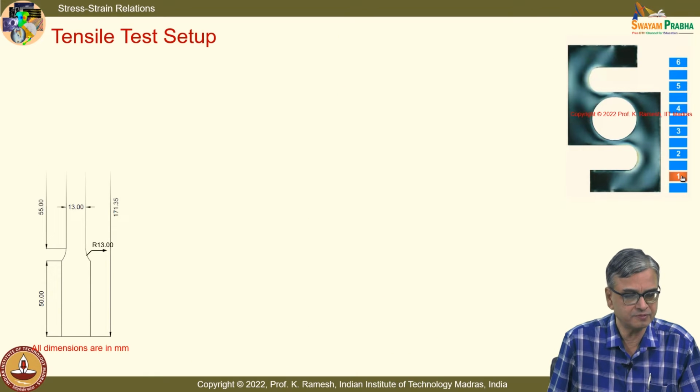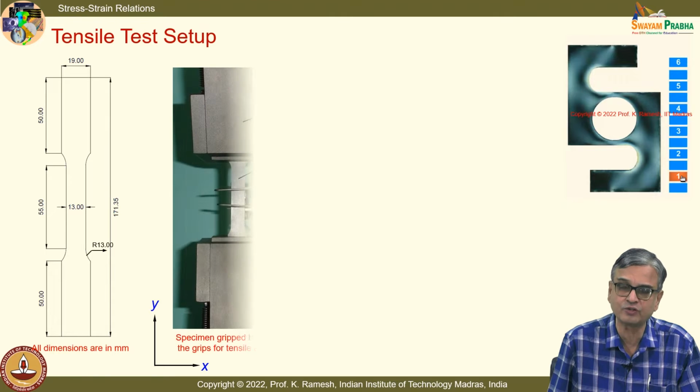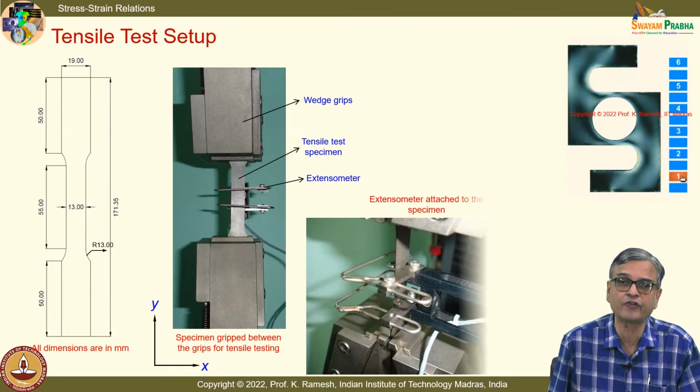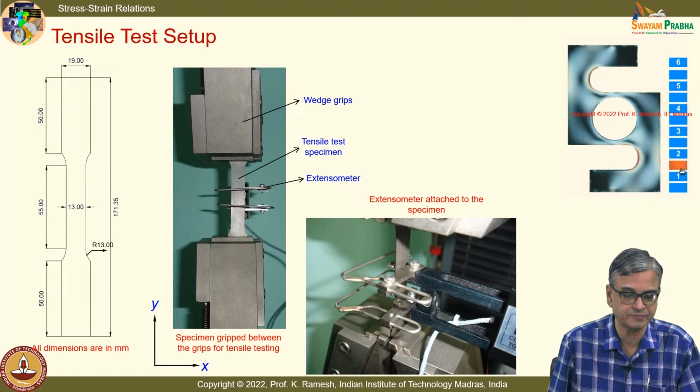And you know, we have seen that you have a simple tension test to find out the Young's modulus and yield strength. And you can also use the same tension test to find out the Poisson's ratio.